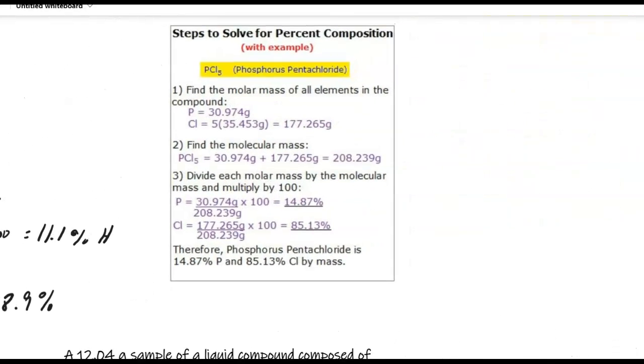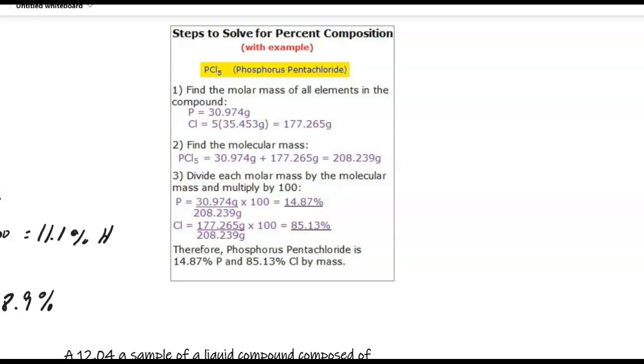Let's take a look at this example. Steps to solve for percent composition. In this case, you have a chemical formula, PCl5, phosphorus pentachloride. Don't forget how to name these chemical compounds. Well, step 1, find the molar mass of all the elements of the compound. We've got 30.974 grams for phosphorus.